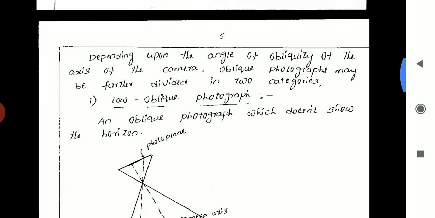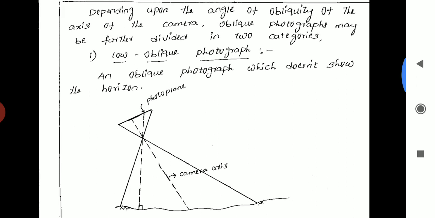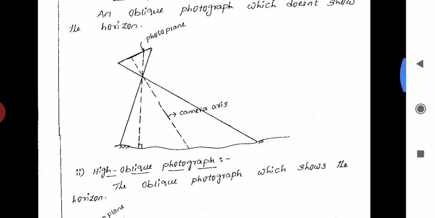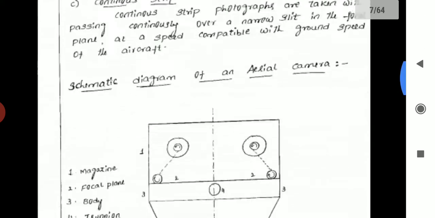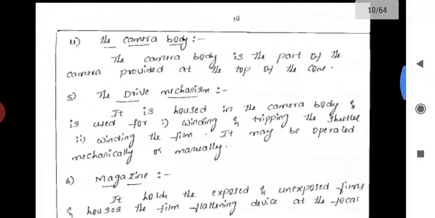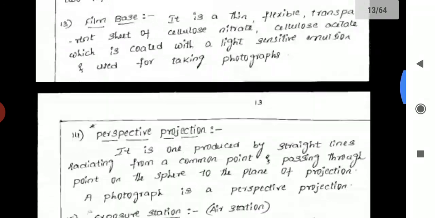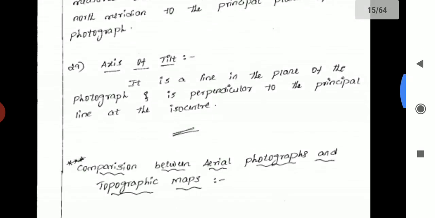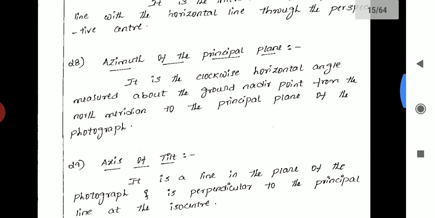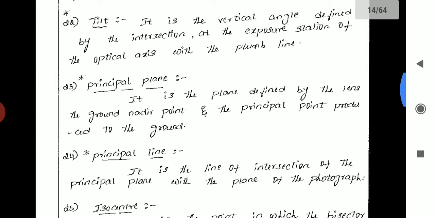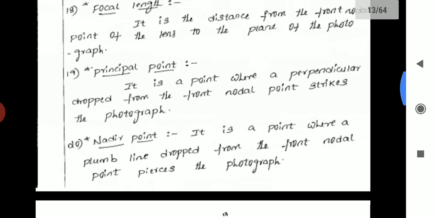And the nodal point: it is either of two points on the optical axis of the lens, so located that all object distances are measured from one point and all image distances are measured from the other point. That gives the focal length. The lens formula is 1/u + 1/v = 1/f. So see here, this is the focal length formula.